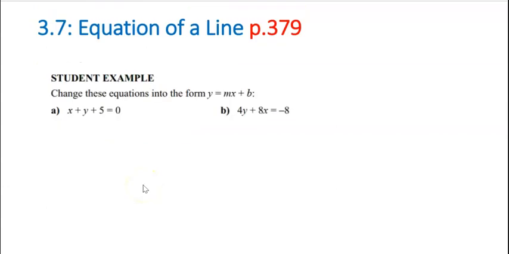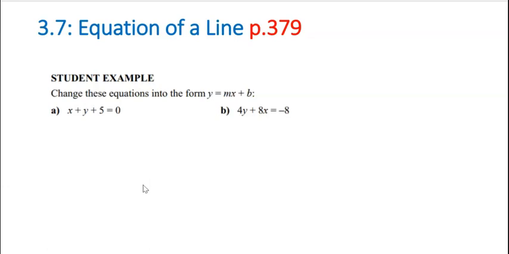Let's start with the student example on page 379. We're going to change these equations into the form y is equal to mx plus b. We're basically going to manipulate these equations, isolating y as we learned in our equations unit. For a, we have x plus y plus 5 is equal to 0.